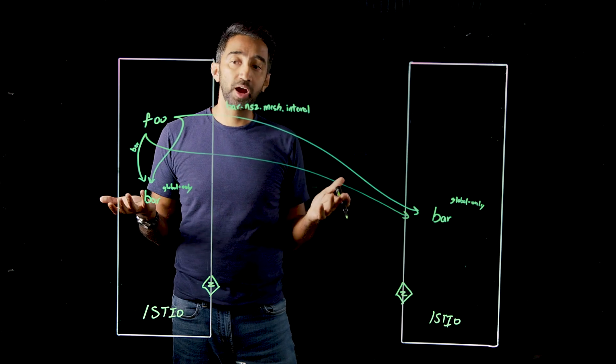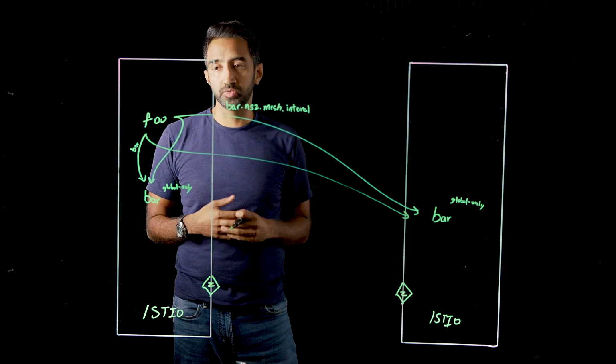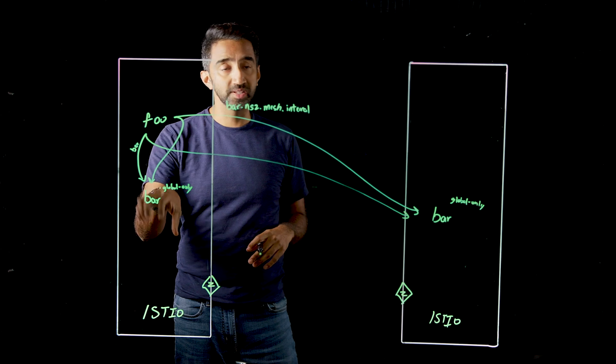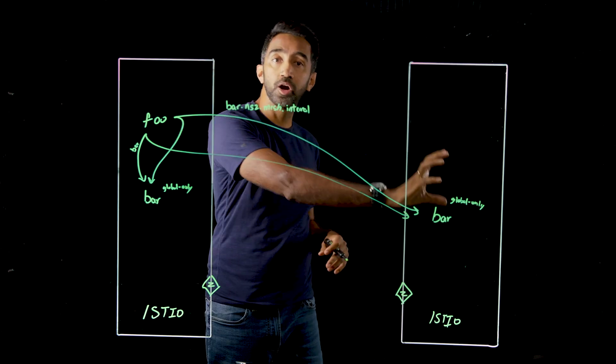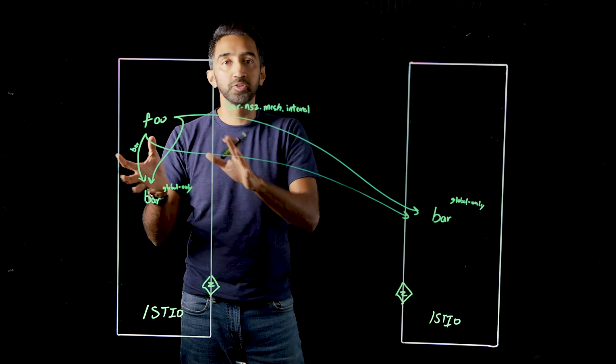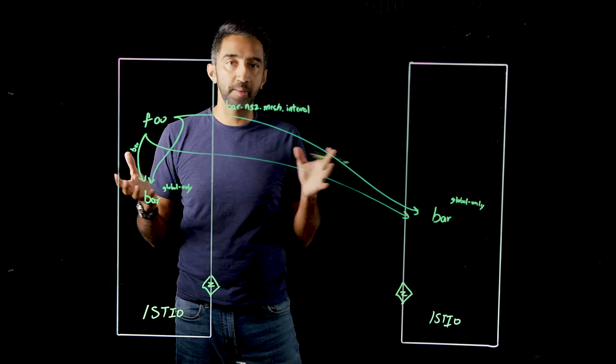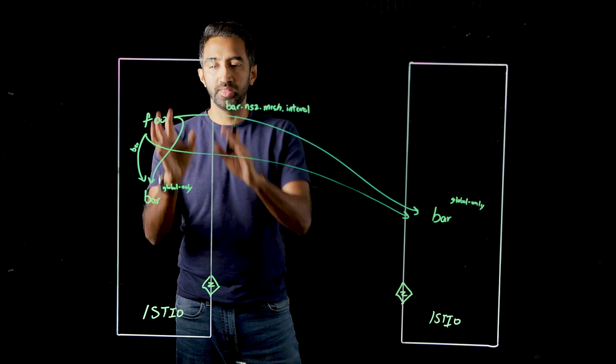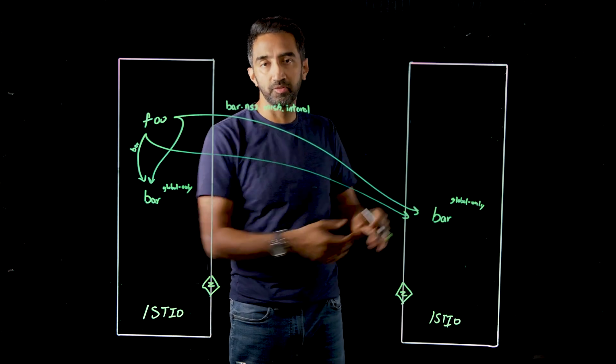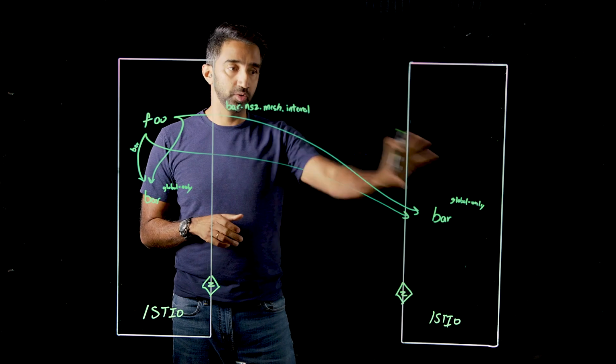So this is really powerful when you're migrating workloads, right? When you have bar on this cluster and you're moving bar to other clusters, but you're not able to change the host names that your applications have already hard-coded, then you can use this feature to transparently route traffic to an entirely another cluster.